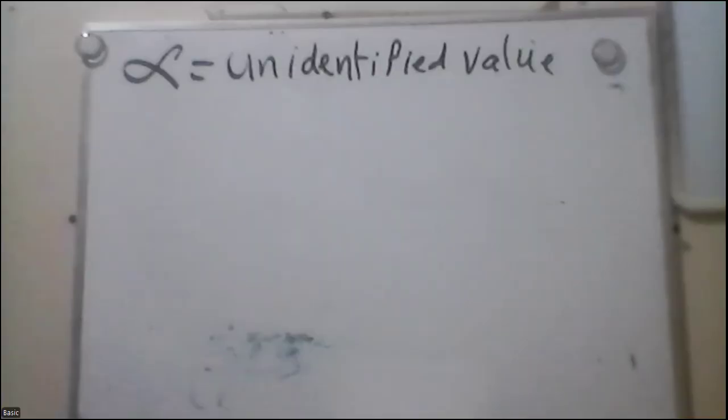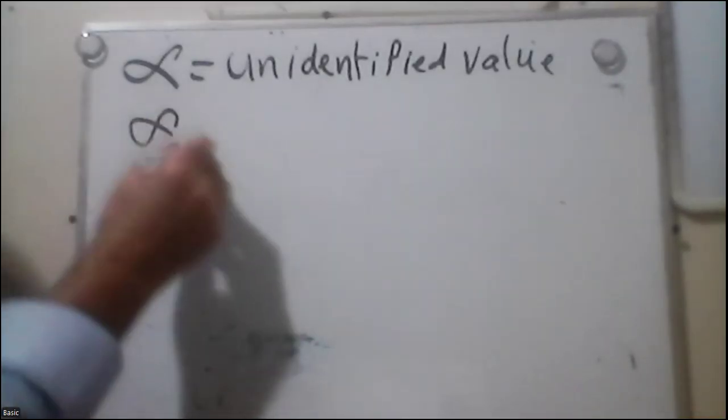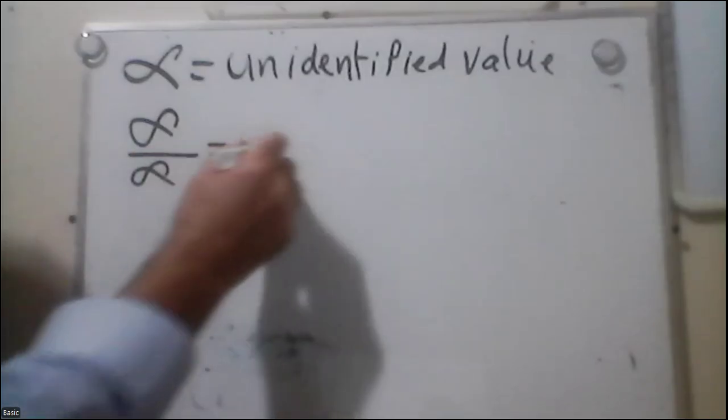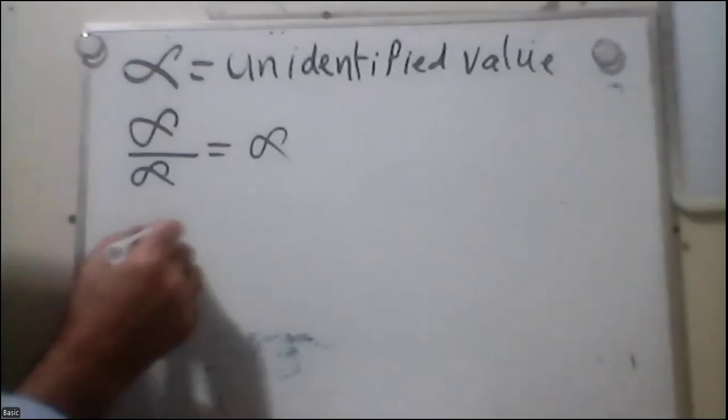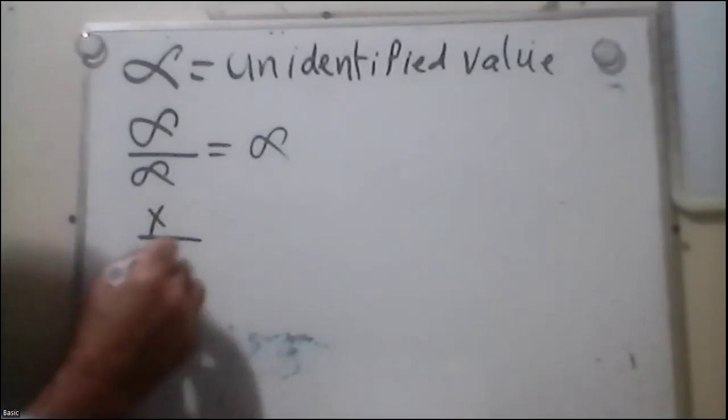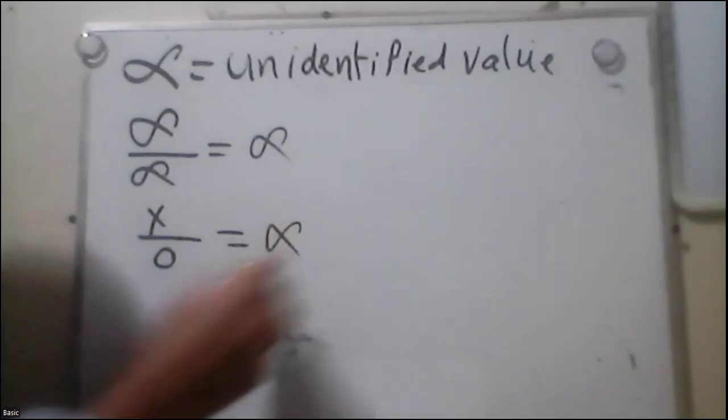So if I say, as an example, infinite divided by infinite, that will give me an undefined value. If I say any number x divided by 0, that will give me undefined, because this is an unidentified number.